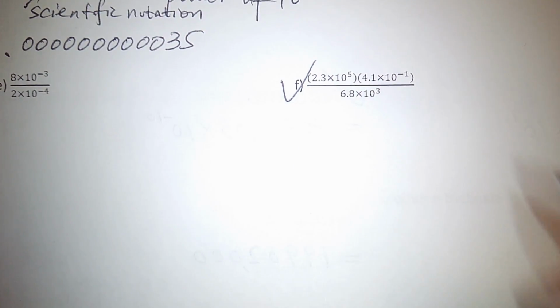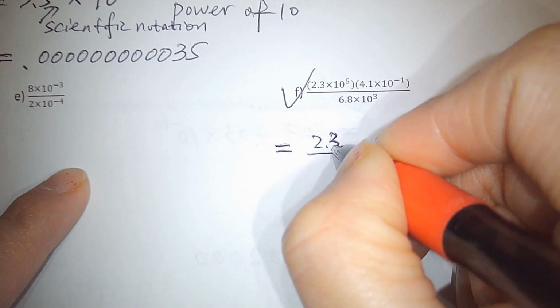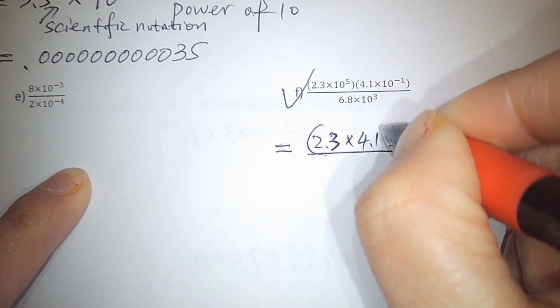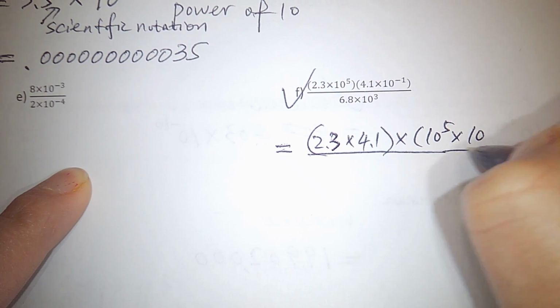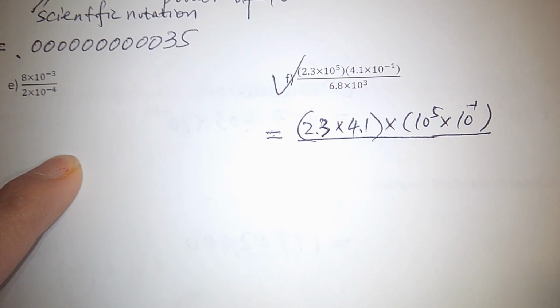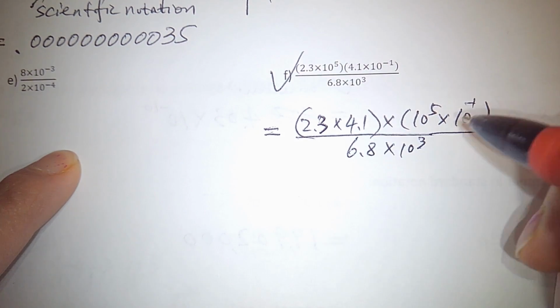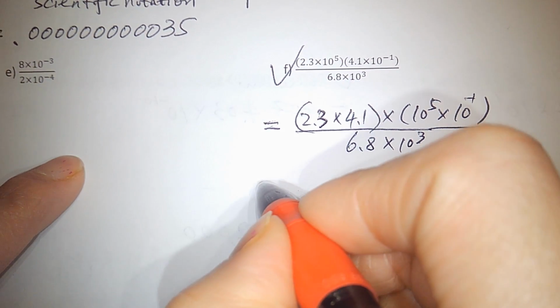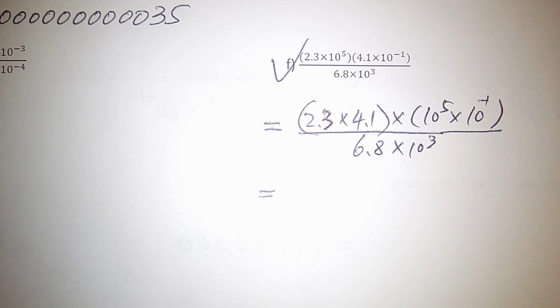So on the top, we should have 2.3 times 4.1 times 10 to the 5th times 10 to the what? Negative 1, right? Divided by 6.8 times 10 to the cube. So, 2.3 times 4.1.